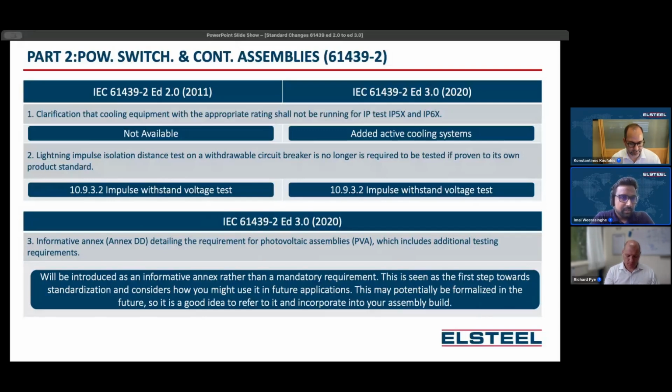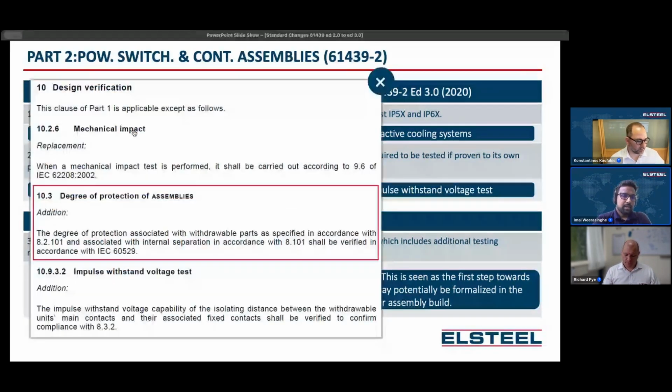The main change is the clarification that cooling equipment with the appropriate rating shall not be running for IP5X and 6X tests. Could you please click on the first link? Yes. In here, when we are carrying out IP testing, especially dust testing, there are some levers or fans which we use.